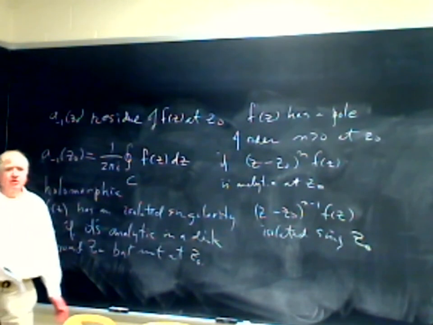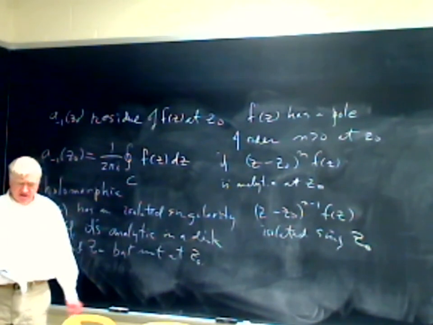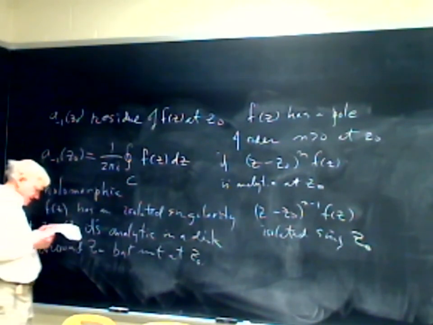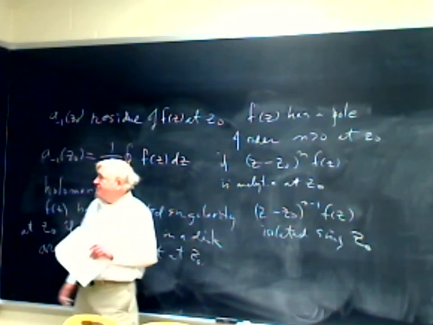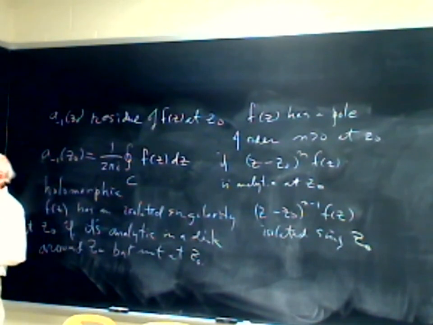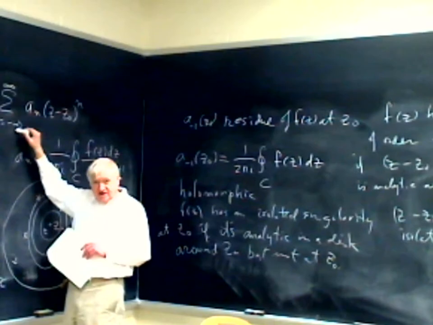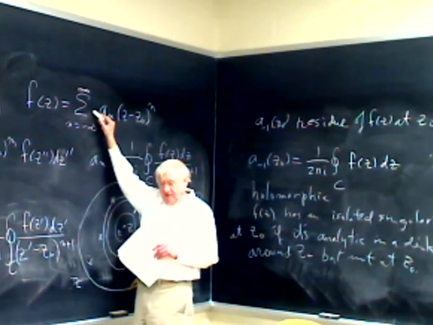Now here's something weird. Functions can have poles of infinite order, and that's called an essential singularity. And these are spooky. So if a function has an essential singularity at z0, then this series goes all the way from minus infinity to plus infinity perhaps.